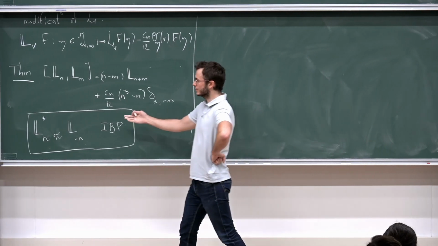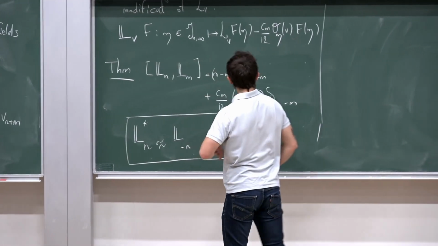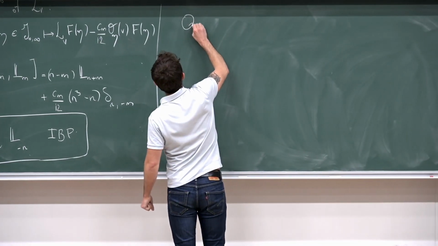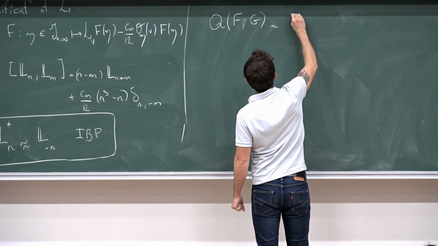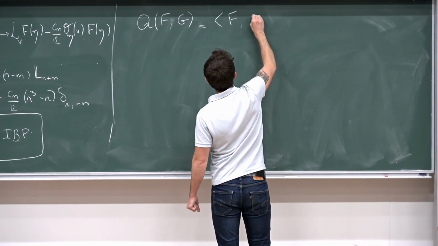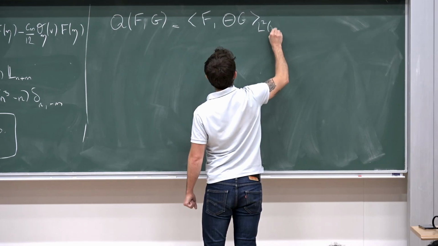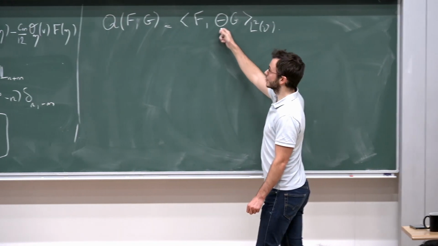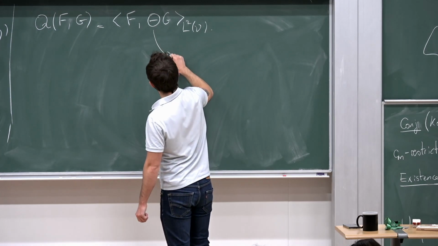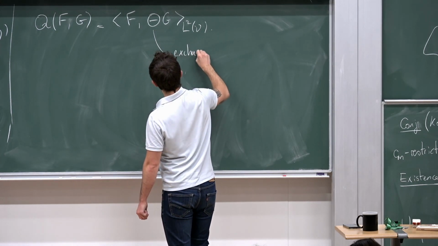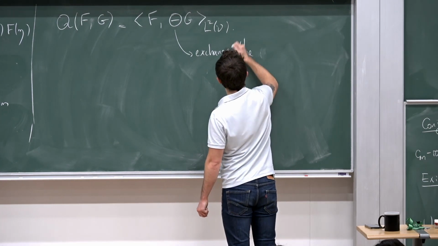Actually, this relation will not be satisfied if I consider the plain inner product. So I need to define another Hermitian form, which is basically the inner product with respect to L2 of nu, but I need to introduce this theta operator, which exchanges the roles of 0 and infinity.